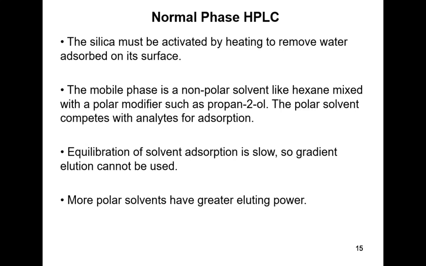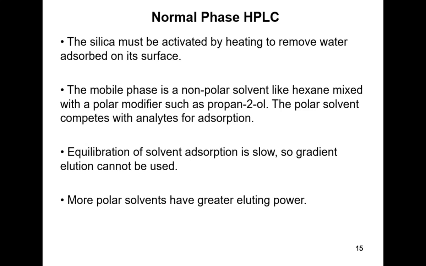That's going to not exactly block, but reduce the interaction that your sample molecules can have with the surface. So in order to minimize this effect, we have to get rid of the water molecules. We have to activate the material by heating, to evaporate off the water molecules.